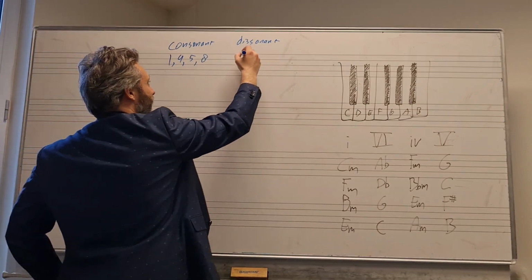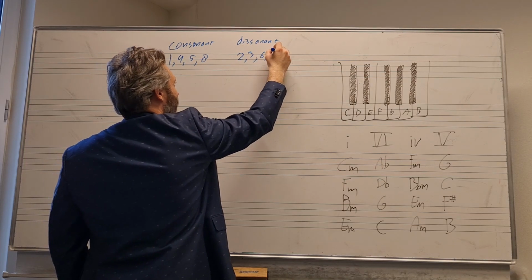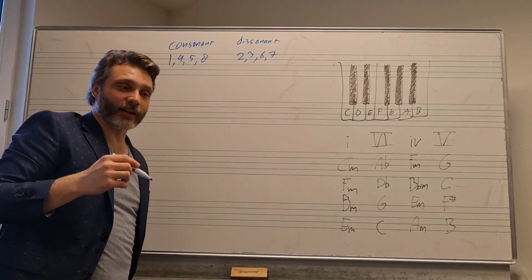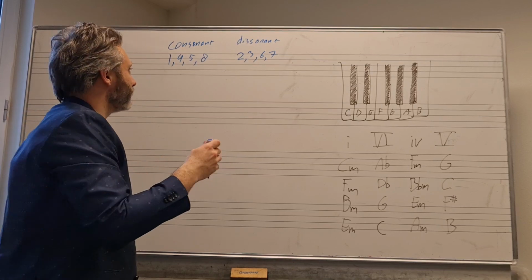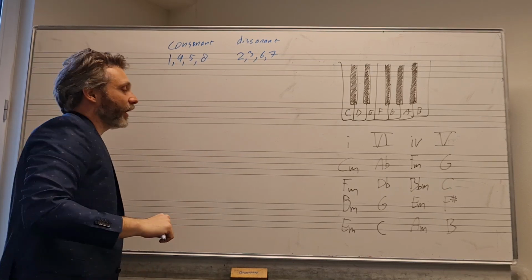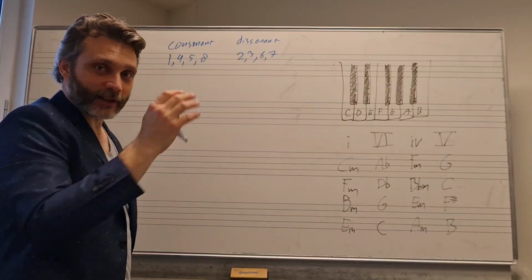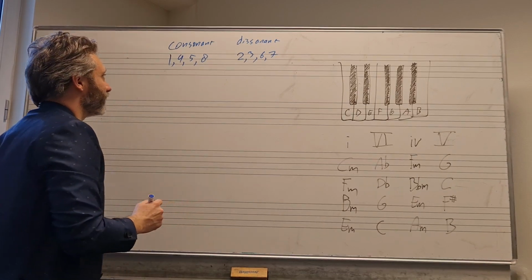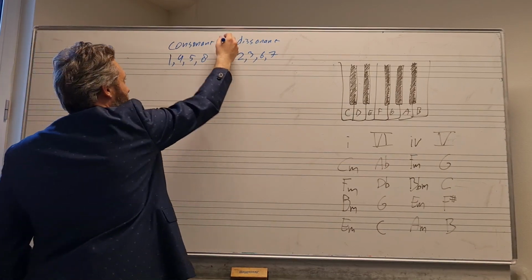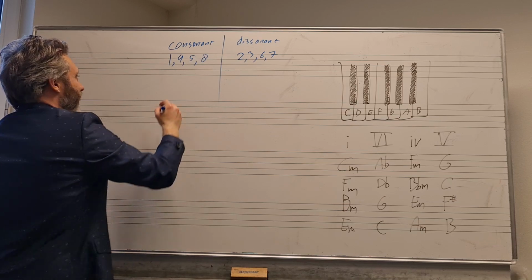The dissonants are 2, 3, 6, and 7. Again, if you ever want to make it further in music theory, we will have some exceptions to this, but generally speaking, this is the basic categorization for these intervals. Now, a consonant is perfect.